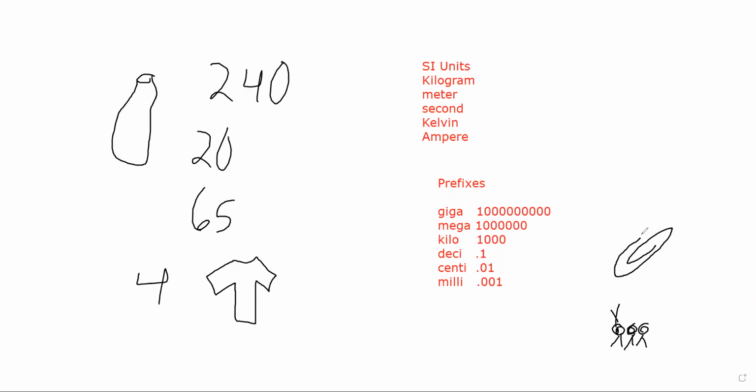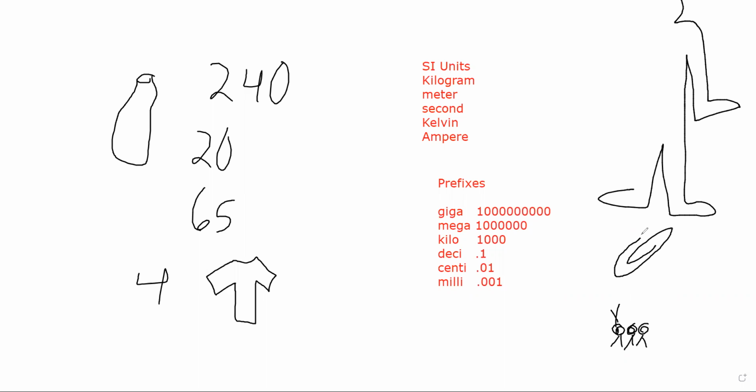Same thing, if I wanted to measure the weight of a human, then a human is so much larger than, wow, this is not a good looking human, is so much larger than a paperclip that, again, the gram starts to lose meaning.